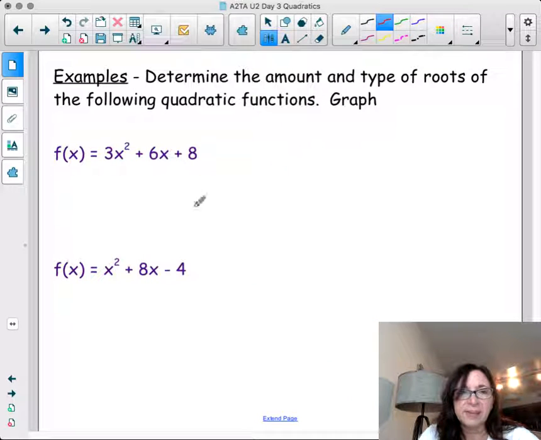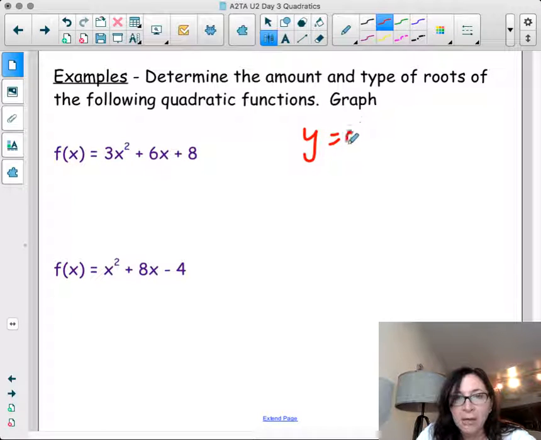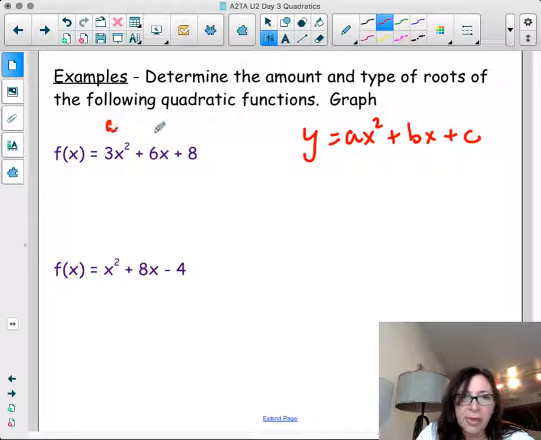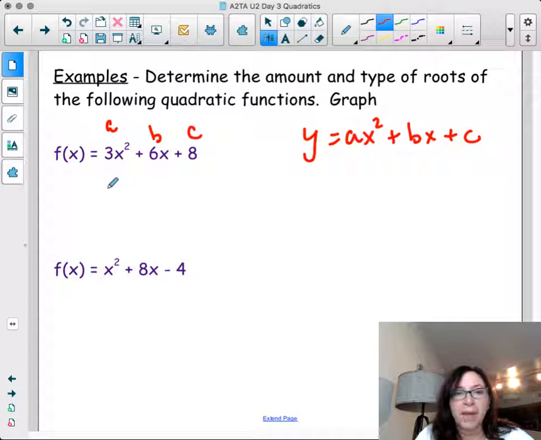So practicing, we know that, again, from the standard equation of a parabola, of a quadratic, this is ax squared plus bx plus c. A is 3, b is positive 6, and c is positive 8. Keep in mind that you always take the sign in front of that.